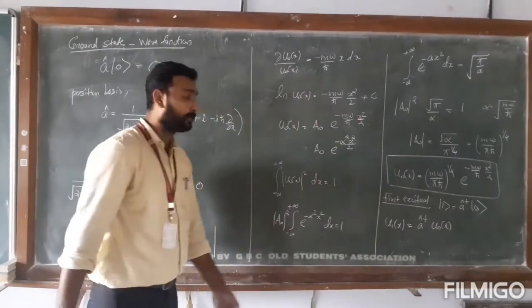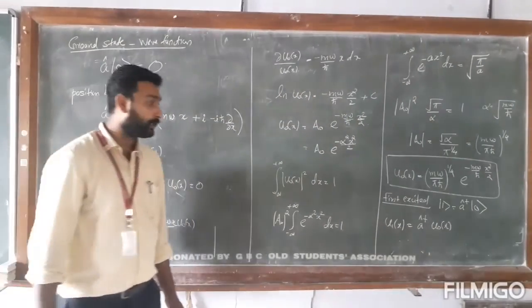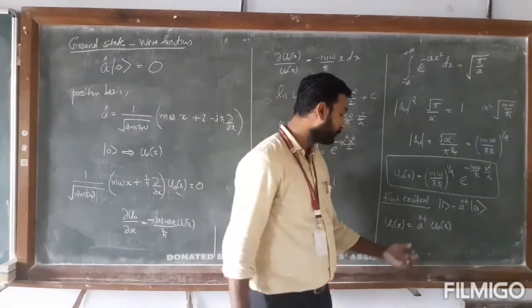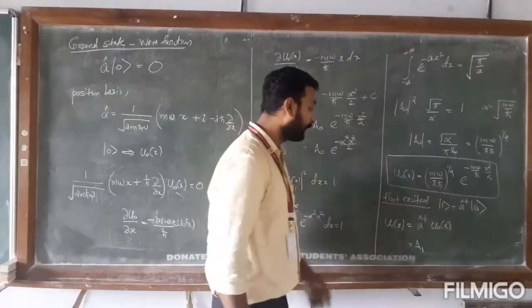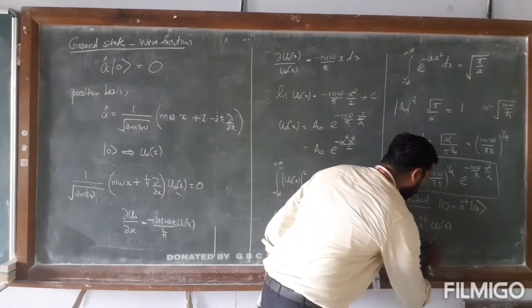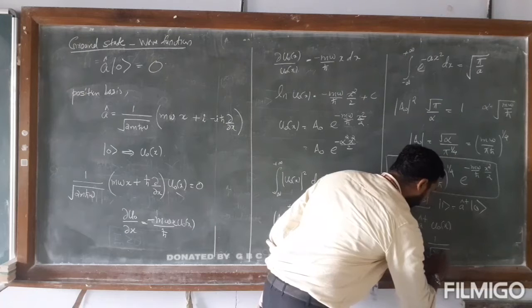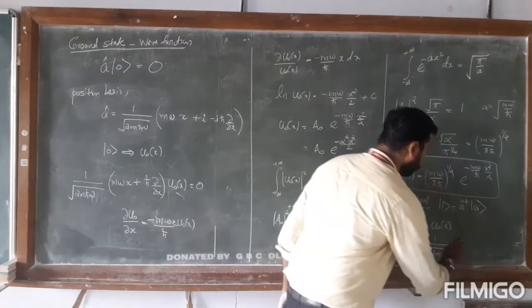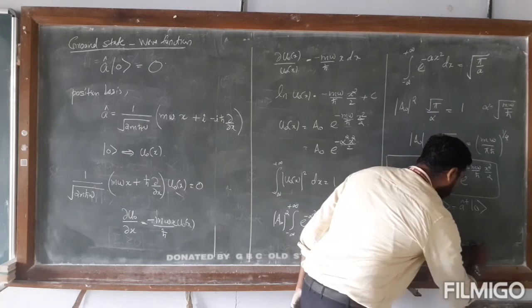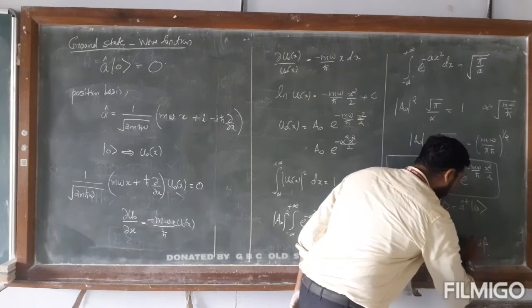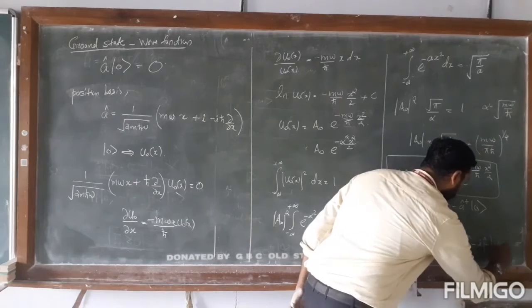But again, there should be some proportionality constant, the normalization constant. So the normalization constant I will put as a1. And what is a dagger? a dagger is 1 by square root of 2m ħ times (mω x minus ip) acting on u0 of x.